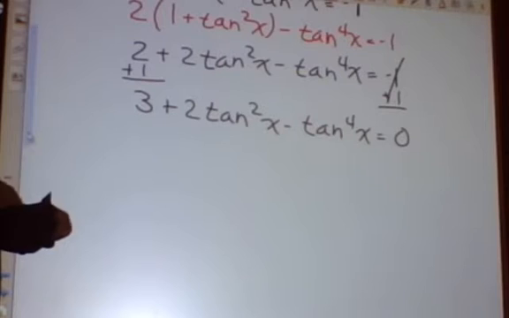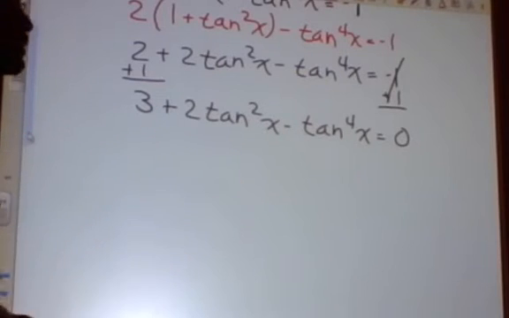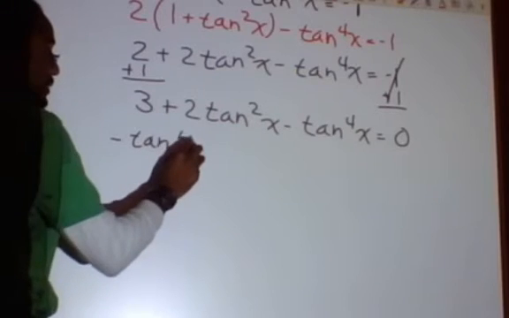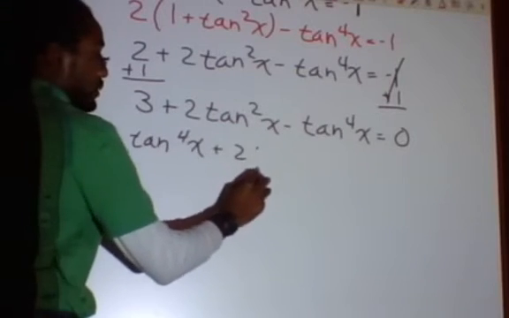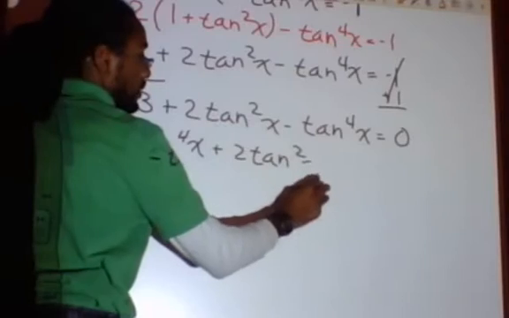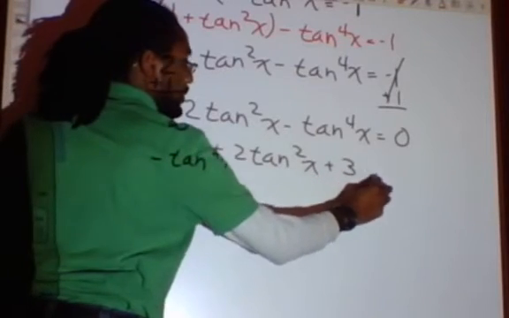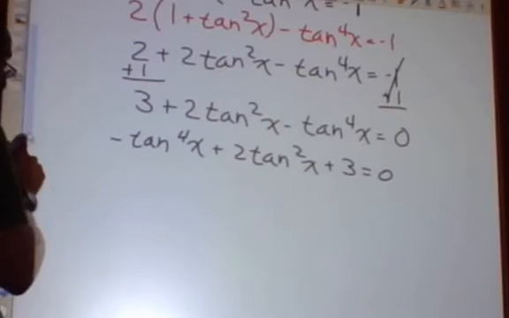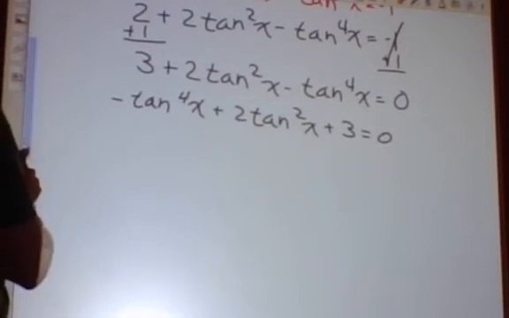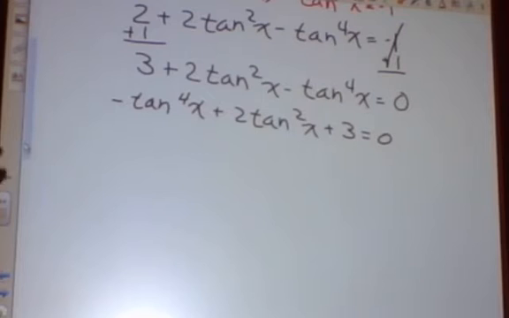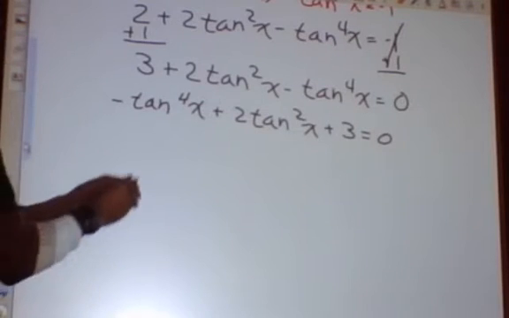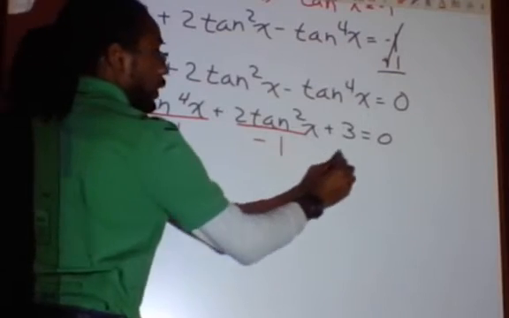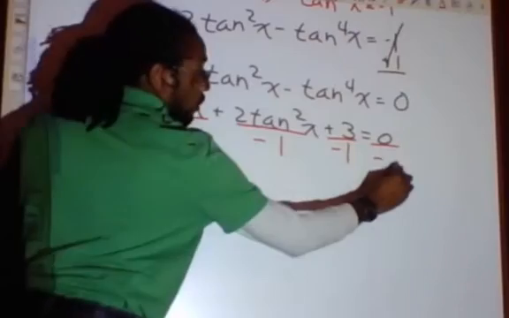And I'm going to go ahead and put this in descending order for the exponents. So we have negative tan to the fourth x plus 2 tan squared x plus 3 equals 0. And to keep it from getting awkward towards the end, we're going to divide each one of these terms by negative 1 so that we're dealing with a positive leading coefficient, or a positive leading term.